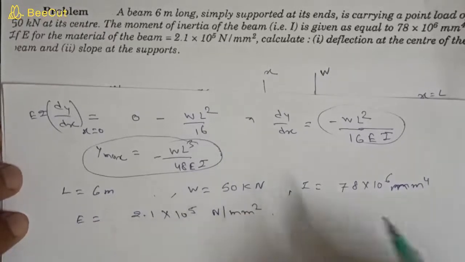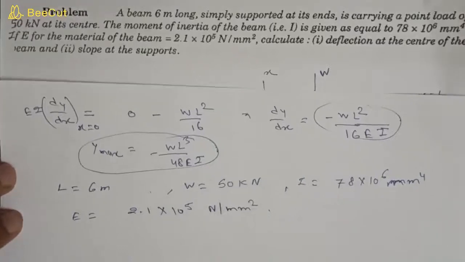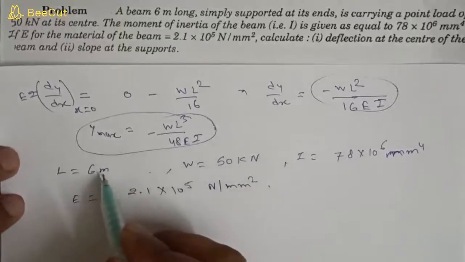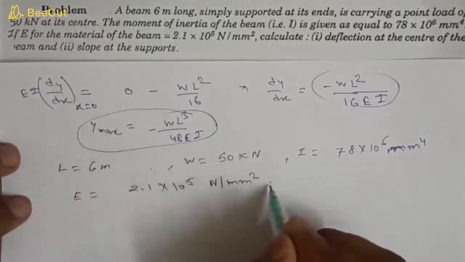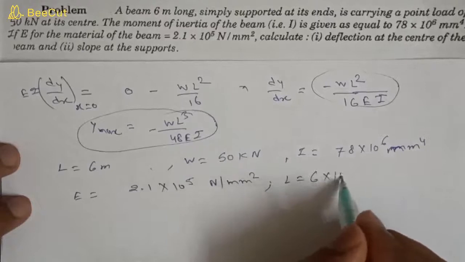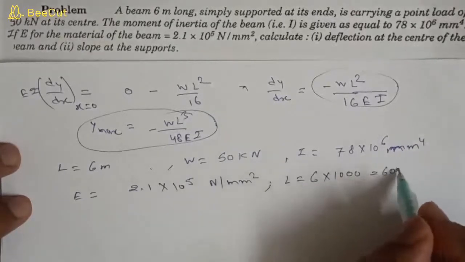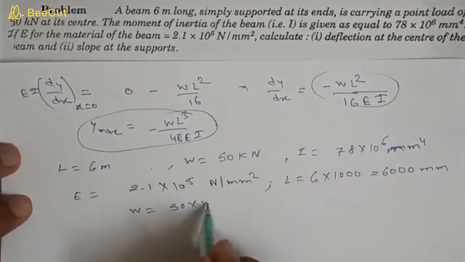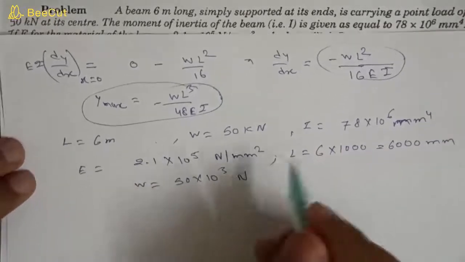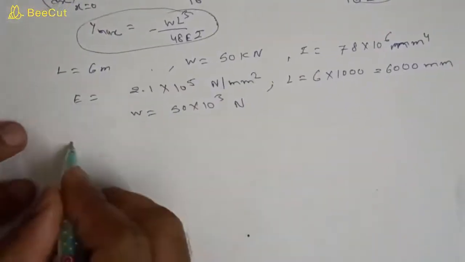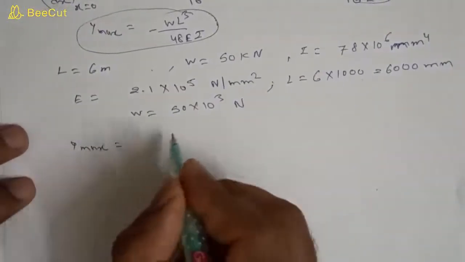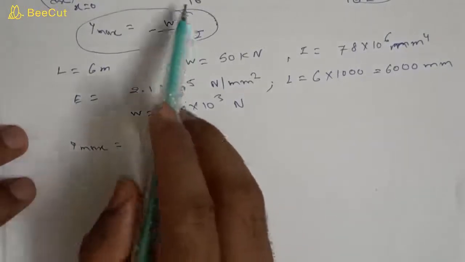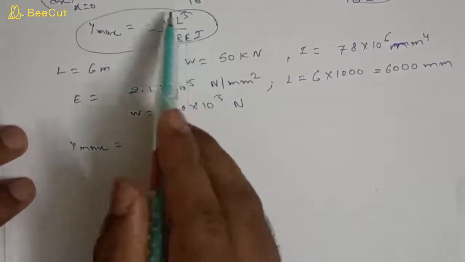So first of all we have to make all the units the same. It is mm here, mm here, meter here, so we have to convert L also into mm. So L = 6 x 1000 = 6000 mm, and W = 50 x 10^3 Newton. Now y max will become WL³ upon 48EI. We will calculate the numerical part only.